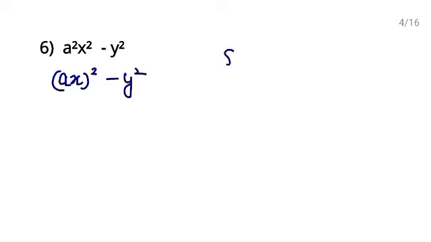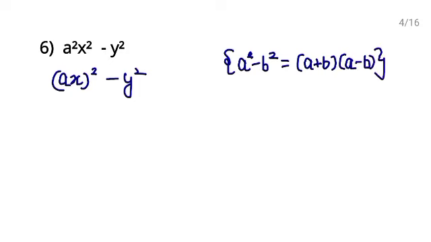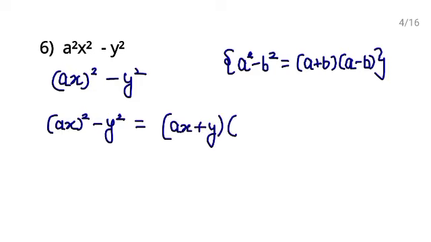So we will use the identity a square minus b square is equal to a plus b into a minus b, right? So this can be written as sum of the bases, that means ax plus y, into difference of the bases, it means ax minus y. This is your answer.